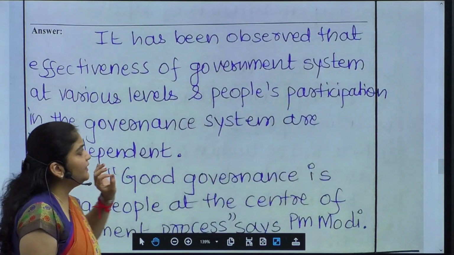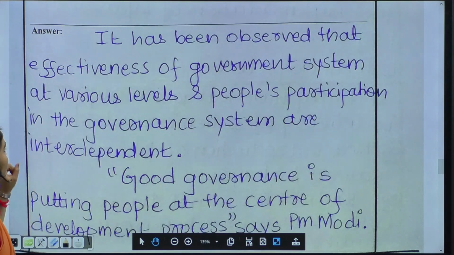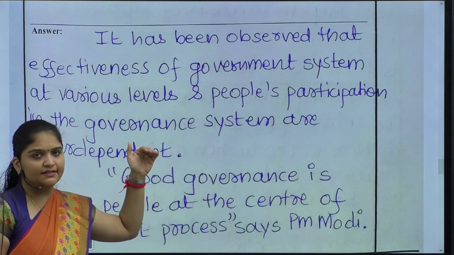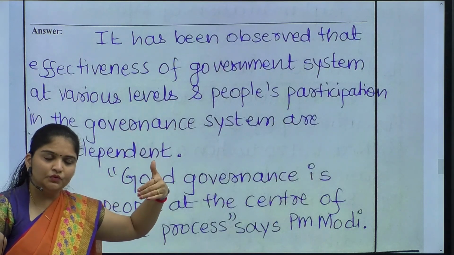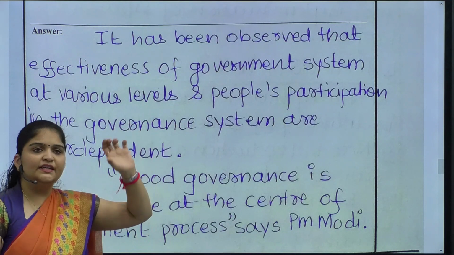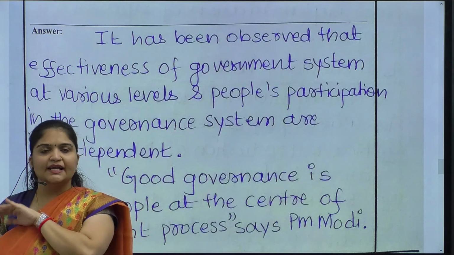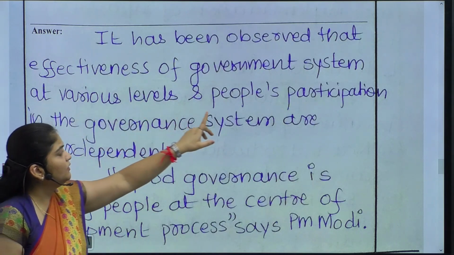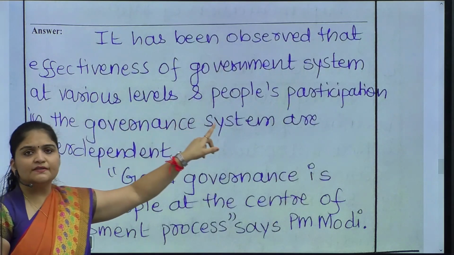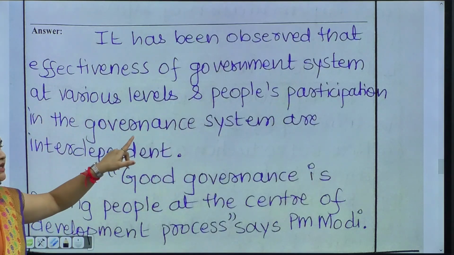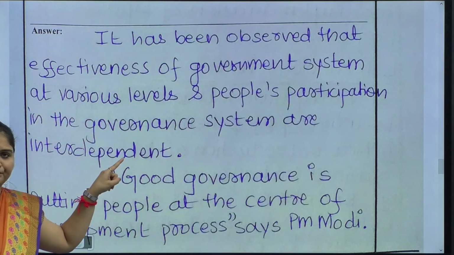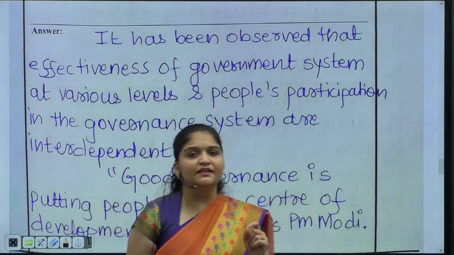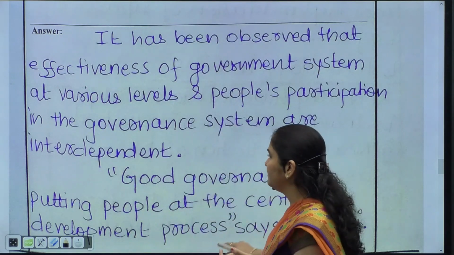I pointed out that it has been observed that the effectiveness of the government system at various levels, the Center, the state, the panchayat, or within the Center the line ministries and departments, and people's participation in the governance system are interdependent.